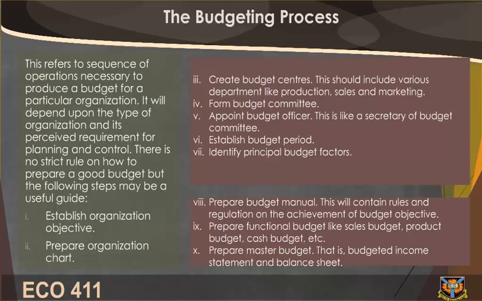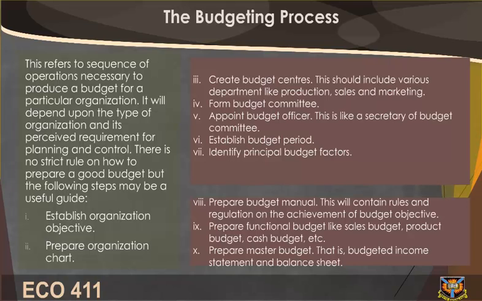This should include various departments like production, sales, and marketing. 4. Form budget committee. 5. Appoint budget officer. This is like a secretary of the budget committee. 6. Establish budget period. 7. Identify principal budget factors. 8.